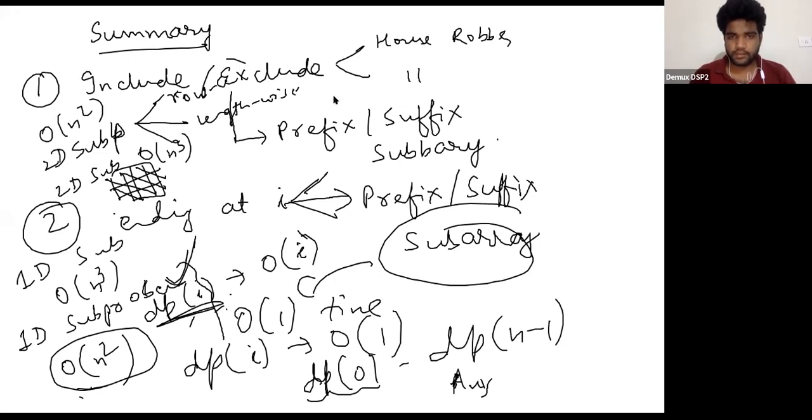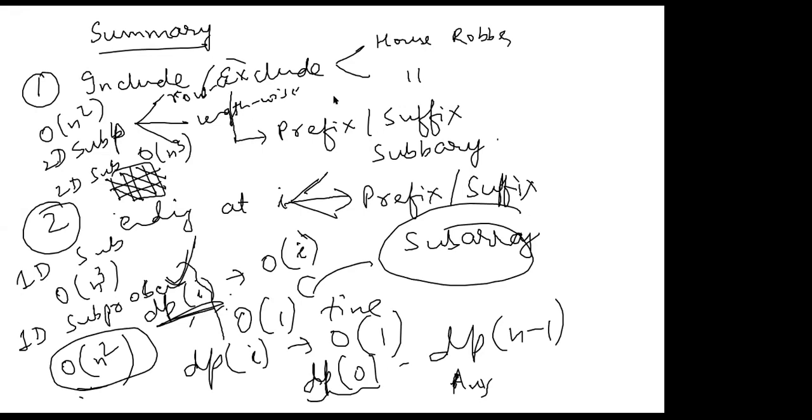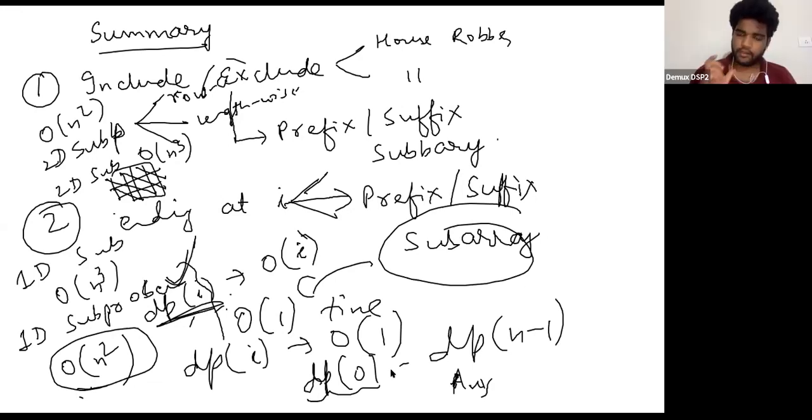Sir, here the subarray one, big O of 1 time. For computing subarray, we have big O of 1 time, is it? And what when we combine all? For computing one particular prefix subarray, we are using constant time, right?